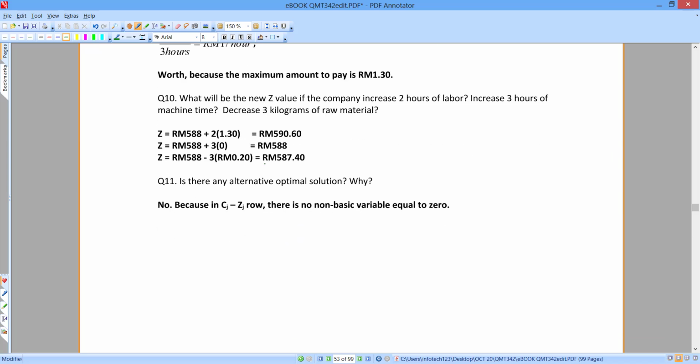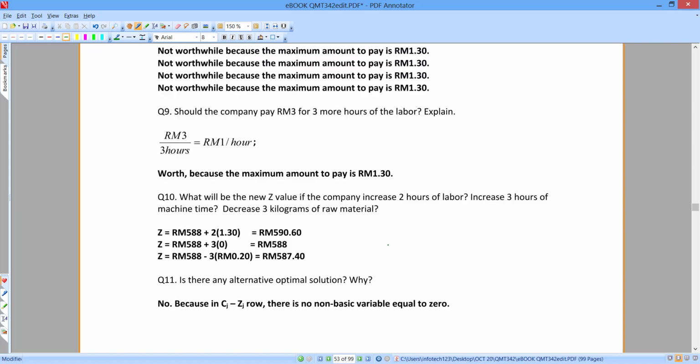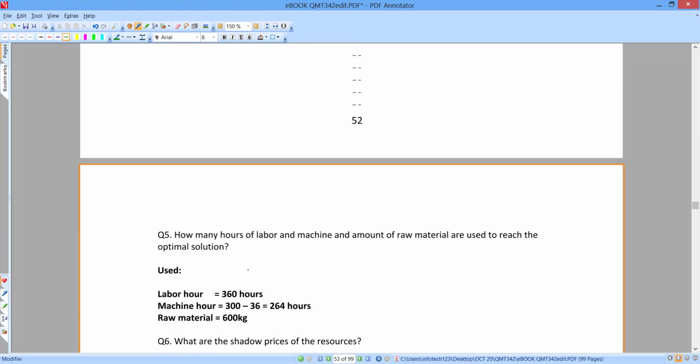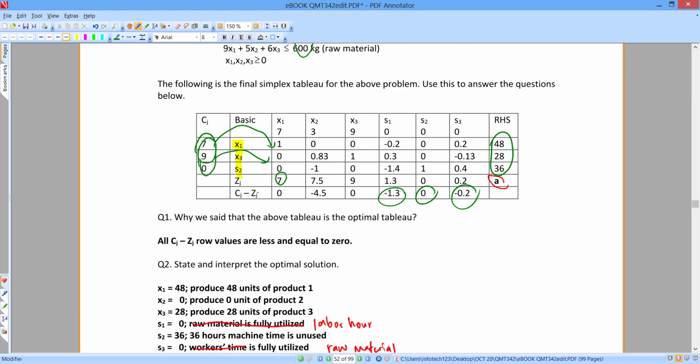Question 11, is there any alternative optimal solution? Why? Okay, so how to check alternate optimal solution? We check for the CJ minus ZJ. Okay, here the answer is no, because in CJ minus ZJ there is no non-basic variable equal to 0. Okay, we check. Dalam CJ minus ZJ, non-basic kita apa? Okay, dalam CJ minus ZJ here, non-basic kita adalah X2, sebab dia tidak berada pada basic variable ni kan.